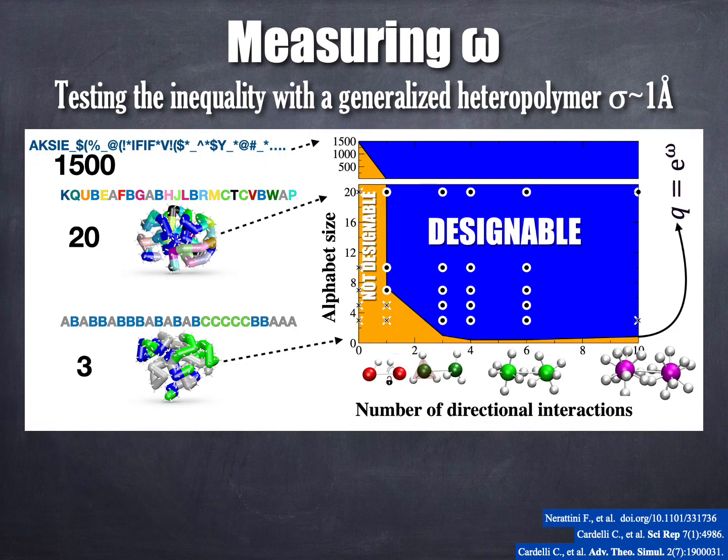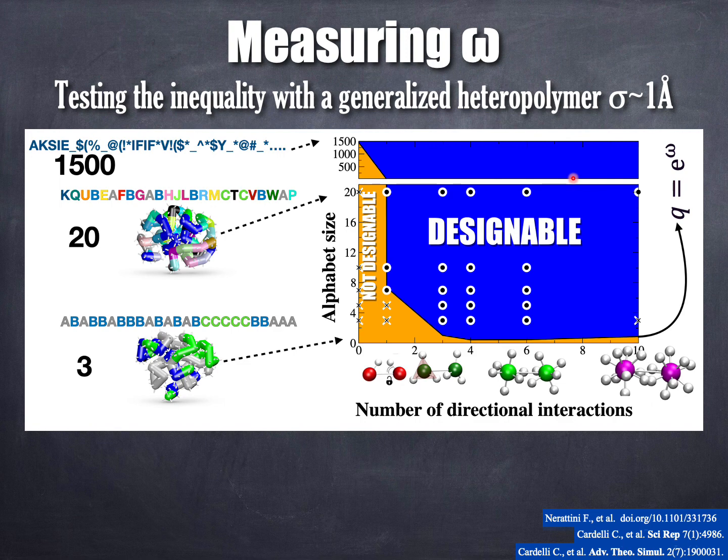So that led to our final phase diagram, where the black line represents the line at which the alphabet size is just large enough to have a designable heteropolymer. Above the line, hence, we have the designable phase.